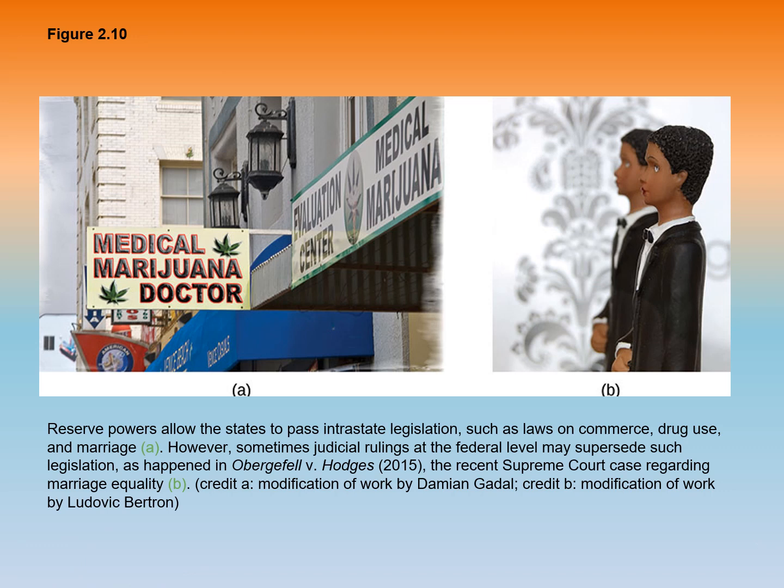This is a picture from your textbook that really illustrates some of the real-world application to the Supremacy Clause and reserved powers and enumerated powers. As you can see in A, that is basically talking about the reserved powers of states being able to pass legislation such as medical marijuana, and there are a couple of states in the U.S. that allow regular recreational marijuana.